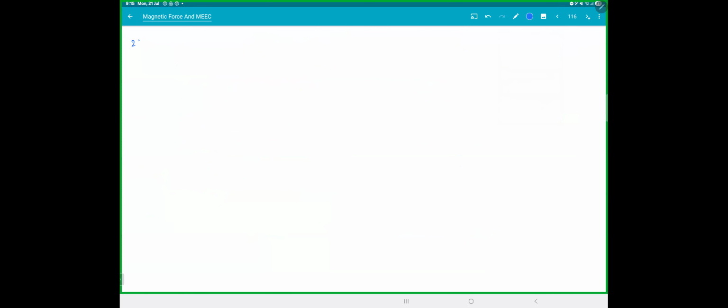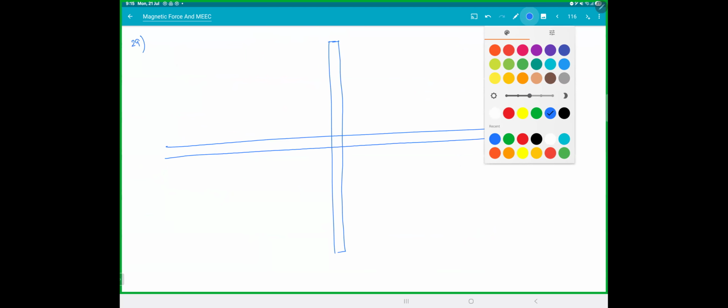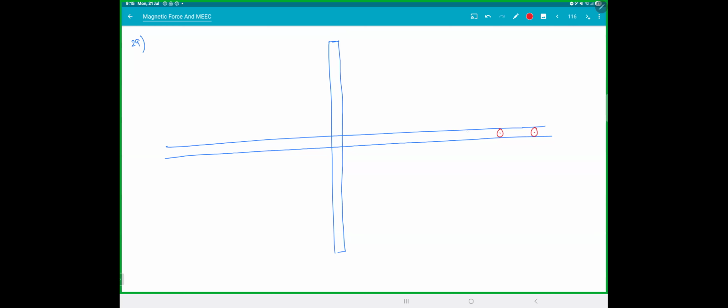So let's do a question based on this. Let's say we have two infinite current sheets. This is K. This is 2K.